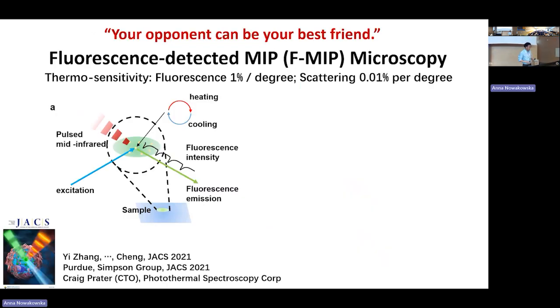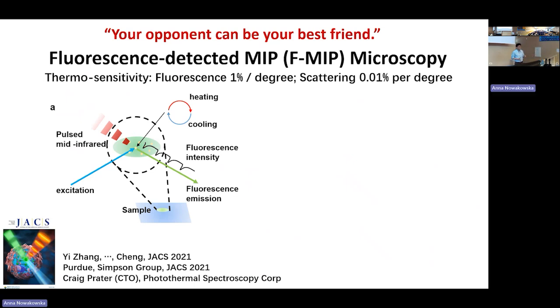So MIP was initially developed to be a label-free and drug-free technology. But the wisdom says that your opponent can be your best friend. And this is exactly the case between chemical imaging and fluorescent imaging.